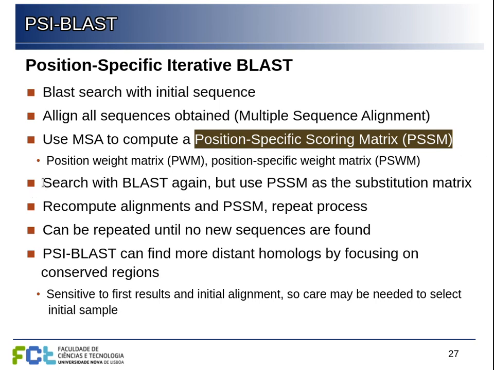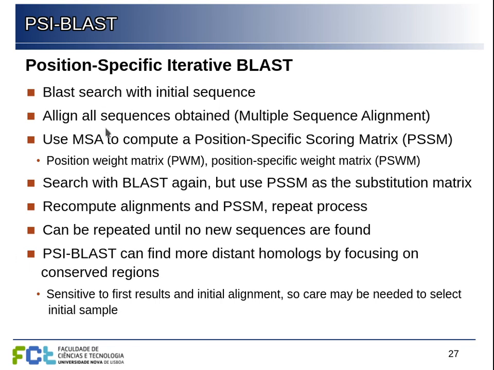So there will be a reinforcement effect here, and so it can be very sensitive to the first iterations. But in any case, by changing the scores of the substitution matrix in different regions of our query sequence, and depending on the matches that we find, we can now search the database and focus in a way that finds more distant homologs to that particular region.